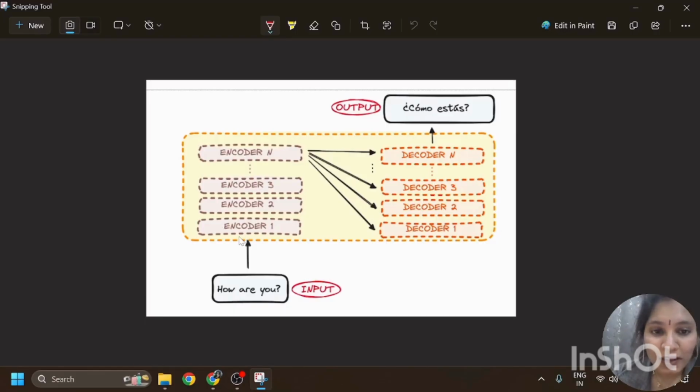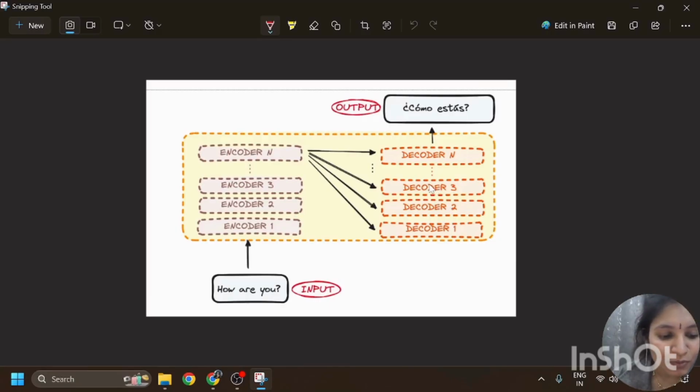So let's assume n layers in the encoder and n layers in the decoder. All encoders have the same structure, and the input goes into each of them: "how are you" goes through encoder 1, encoder 2, encoder 3, up to encoder n, and is passed on to the next one. All decoders also have the same structure.